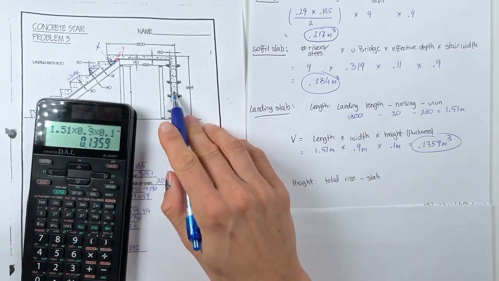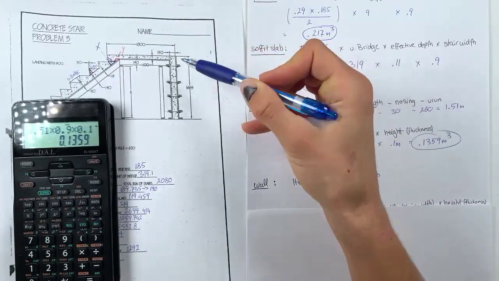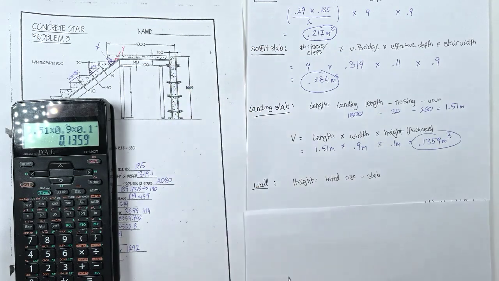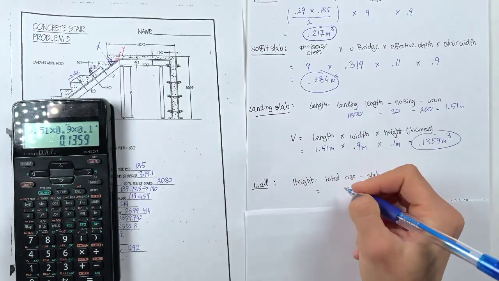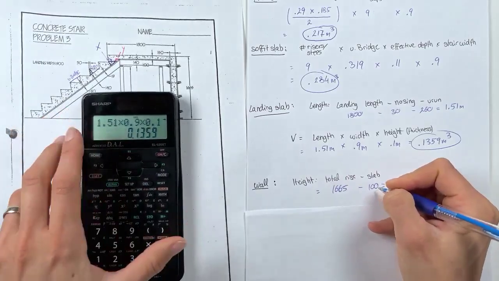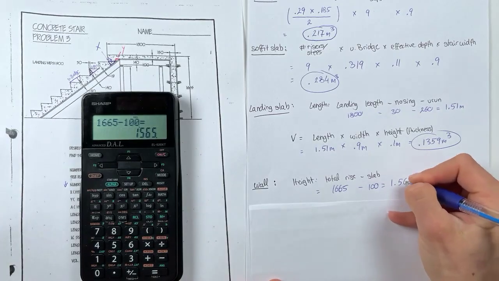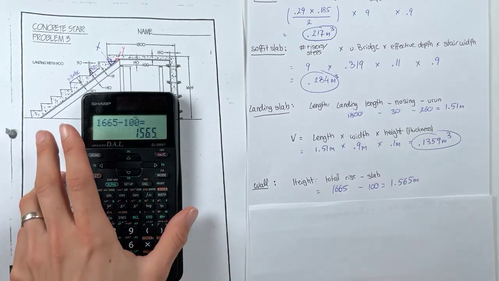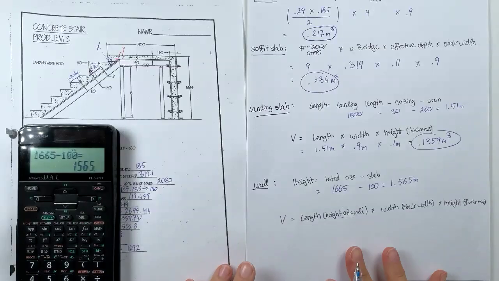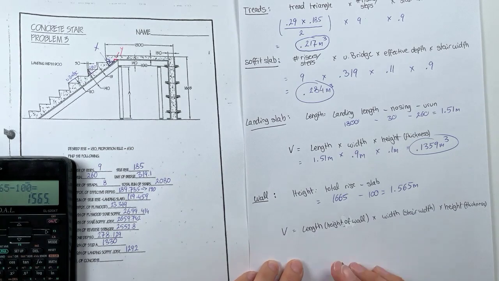Next, we have the wall. So for that, first we have to find the height, because if we did the total height, we'd be buying too much concrete, because the upper portion of the slab is already integrated in the slab volume calculation. So first, to find the height, we have the total rise, 1665, minus the slab thickness. And that gets us the 1.565 meters that we've talked about before. Great. So from here, the volume is always length times width times height. And sometimes if things look funny, they might just have different names.